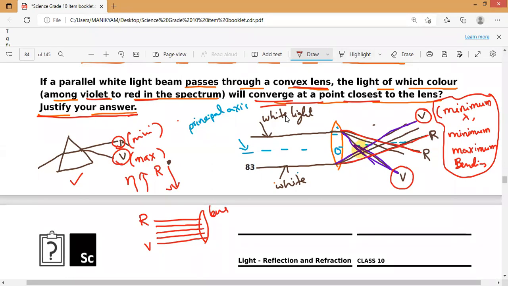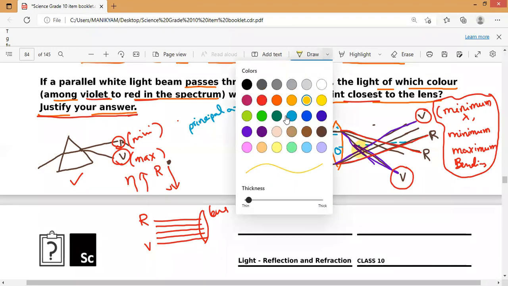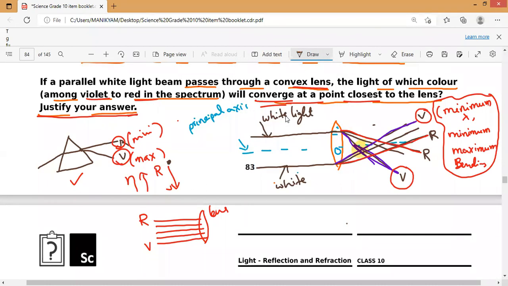Anybody? Greater refractive index. When is the refractive index greater? Refractive index is maximum, which means something will be minimum. Anyone? Speed. Yes. Very good. Speed will be minimum.